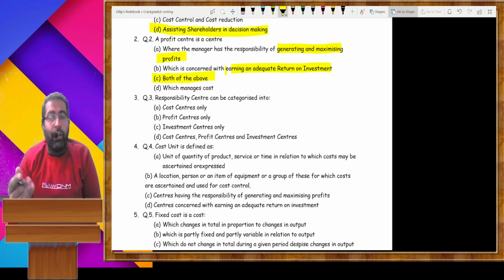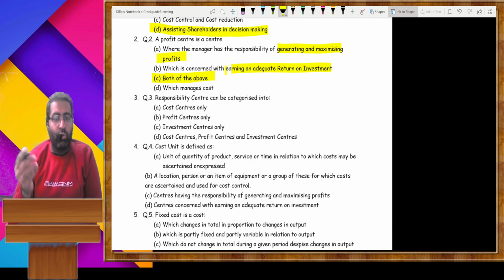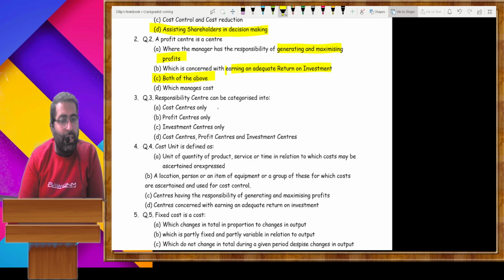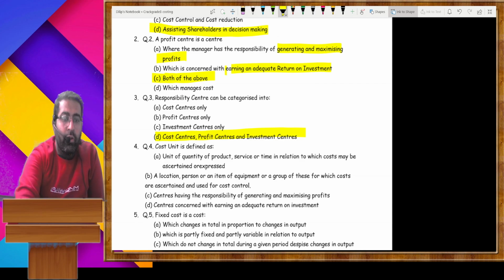Responsibility center, different types of responsibility center, like cost center, profit center, investment center, sales center, revenue center. So cost center only, no. Profit center only, no. Investment center only, no. Cost center, profit center, investment center, it is the correct answer.